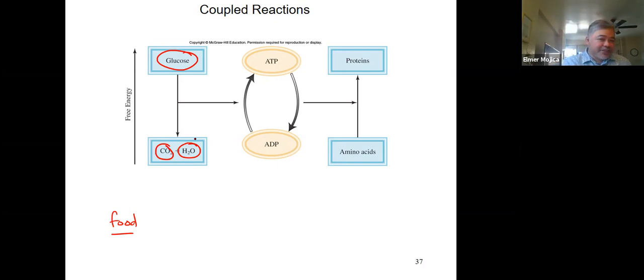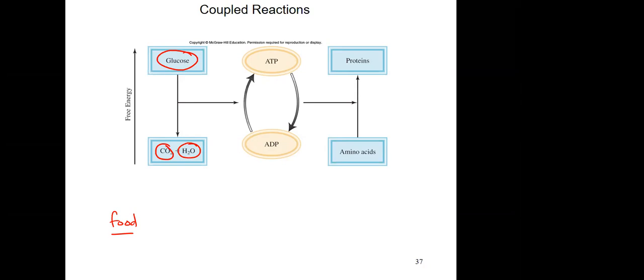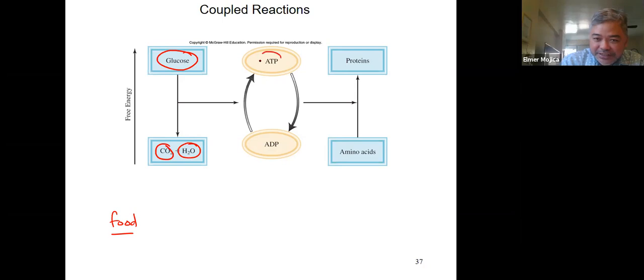So do you see a spontaneous process here? We have big molecules being broken down to small molecules, from more ordered to more disordered. Does that make sense? Okay. So when you eat the food, that's the way you produce your ATP. Your ADP is converted to ATP.